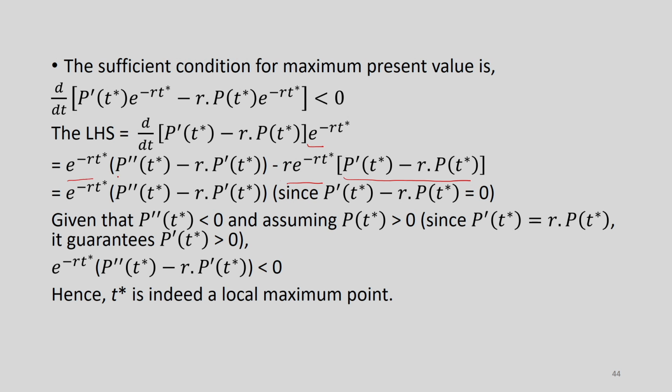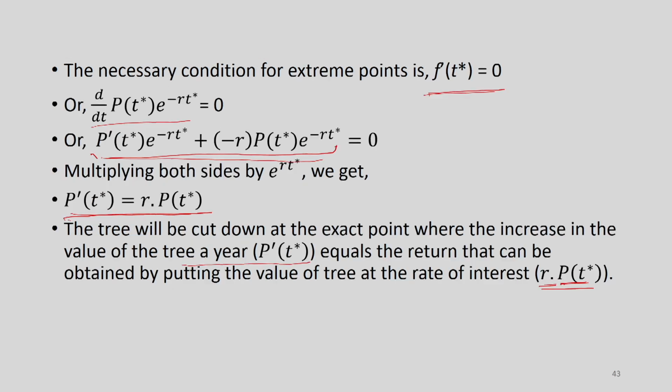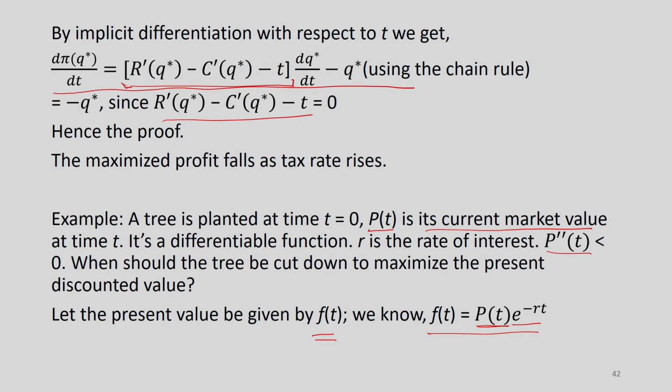We are only left with the first term. Now, is it negative? That is the question. If it is negative, then we are safe; if it is not negative, then we are in trouble. Remember, in the question itself, it is given that the second derivative of the P function is negative. This condition is given.